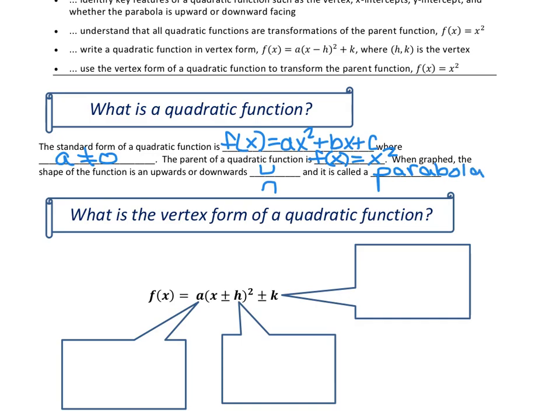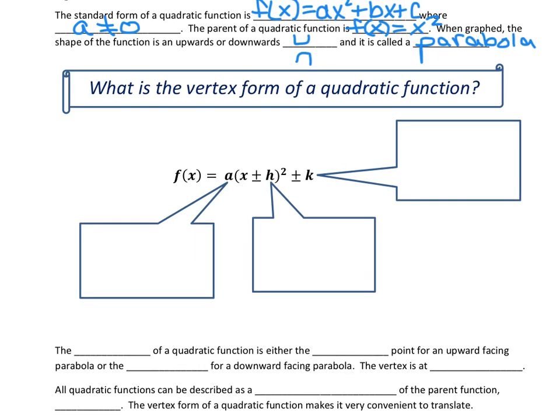So far, we've spent the most time looking at the vertex form because we can see the transformations right in the equation. And as we already know, a, or I should say maybe the absolute value of a, is our stretch factor. It's either going to be a stretch or a compression vertically.